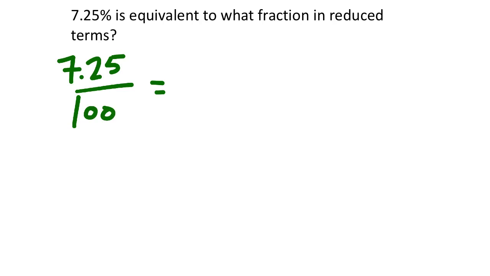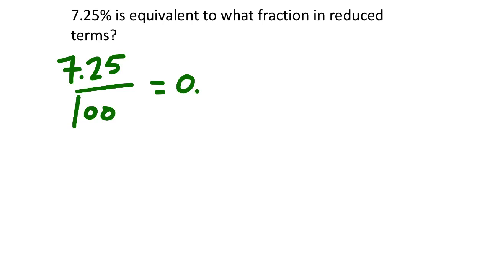But we don't really want it as a decimal, right? We want it as a fraction. So we'll change it to a decimal first, even though we want the answer as a fraction, because right now I don't want a decimal in the fraction.